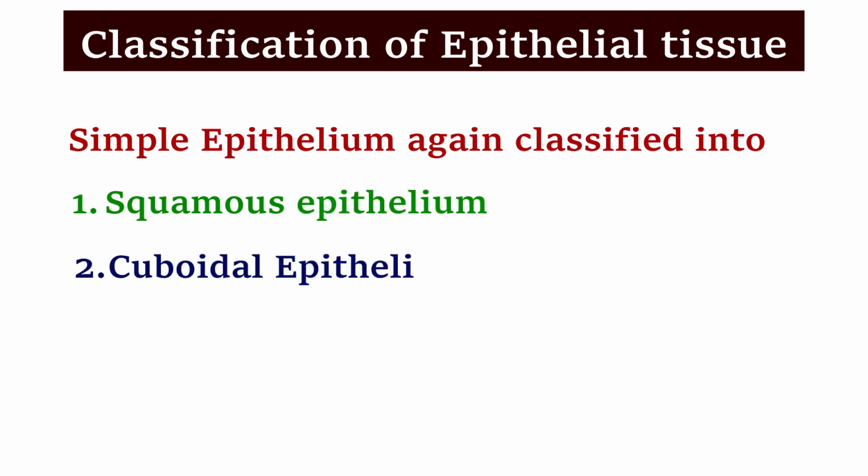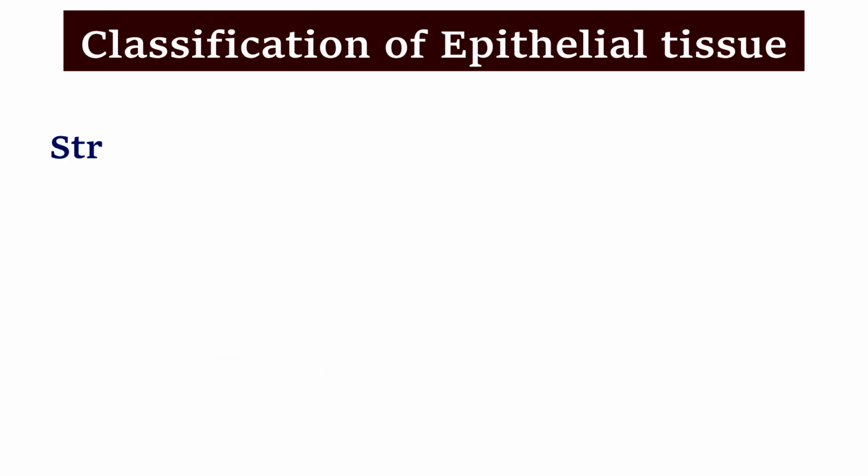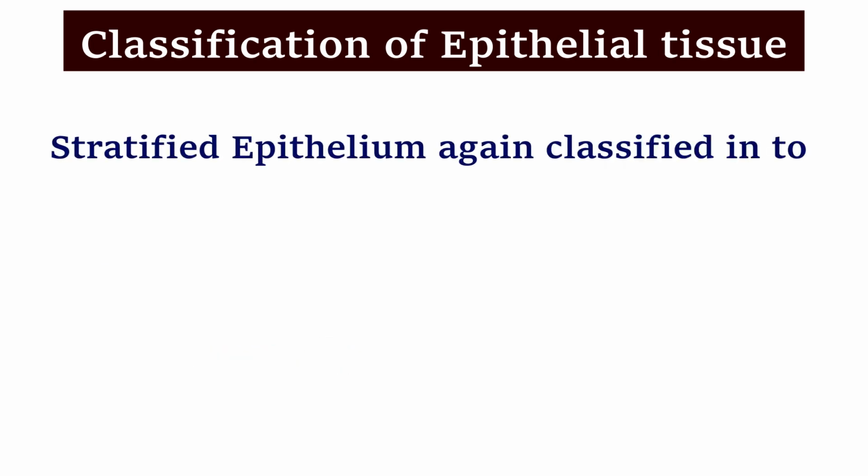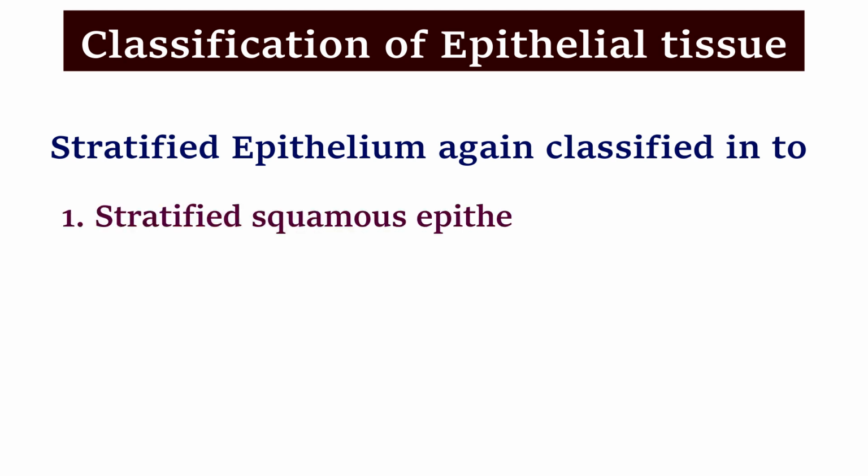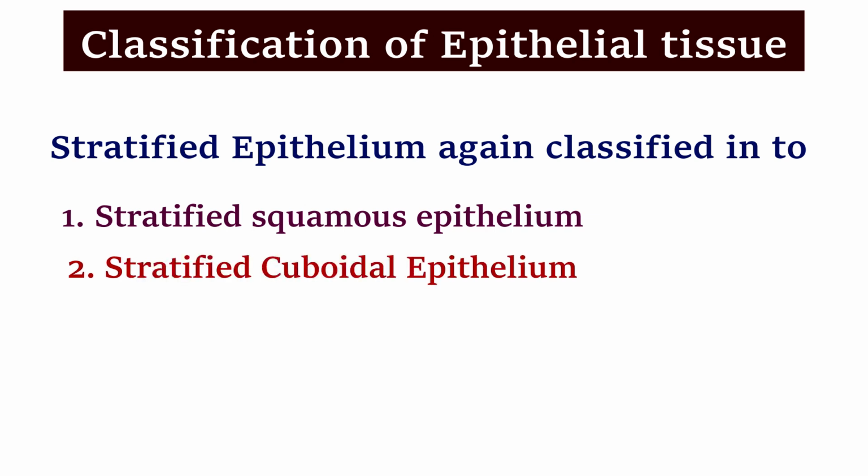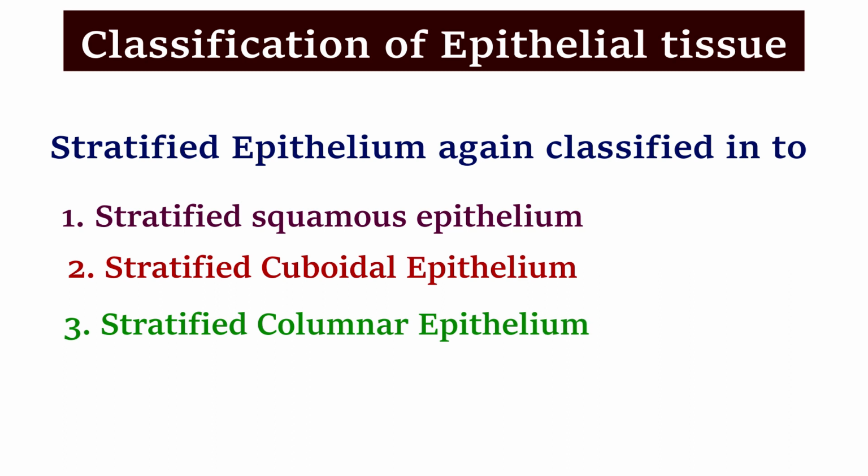Cuboidal epithelium. 3. Columnar epithelium. Stratified epithelium is again classified into: 1. Stratified squamous epithelium. 2. Stratified cuboidal epithelium. 3. Stratified columnar epithelium. 4. Transitional epithelium.